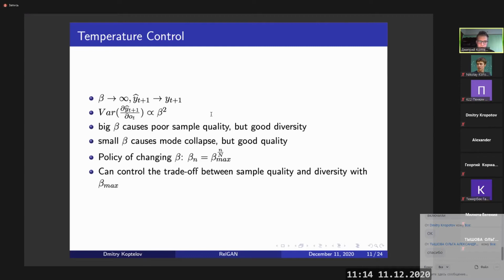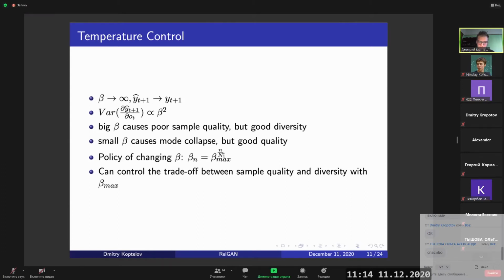On the other hand, small beta causes mode collapse but good quality. They also decided to use an exponential policy for beta, so that beta changes from iteration to iteration, from 1 to a max value.